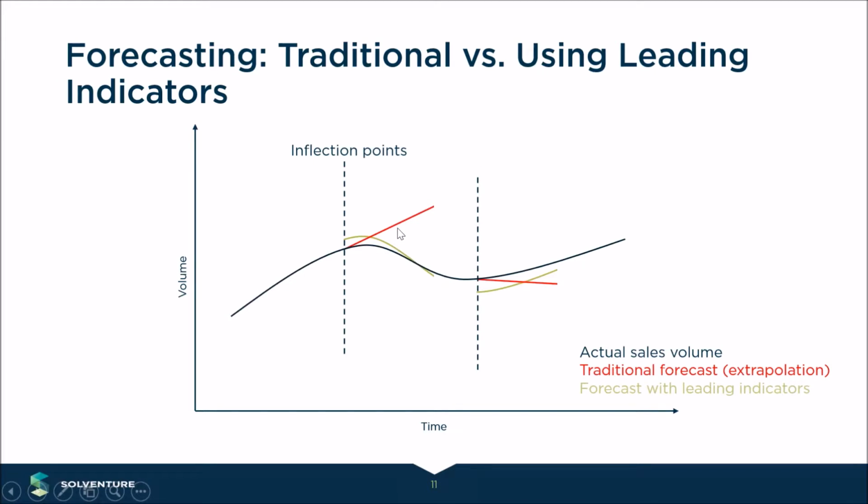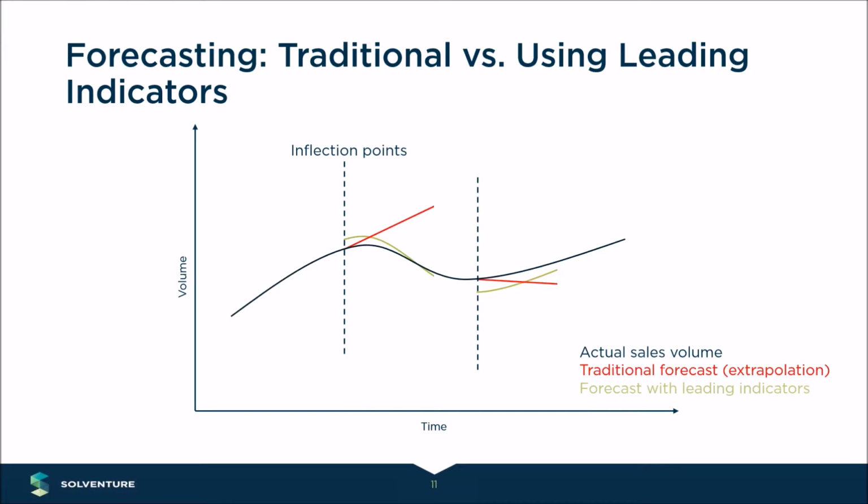So remember the red line where we say, well, traditional techniques are just extrapolation techniques. What we are really looking for is like, can we find economic indicators which help us to better turn the corners, and instead of just extrapolating, well, they can predict that there will be a downturn, or at a certain point in time they can predict us that the sales will start picking up again.